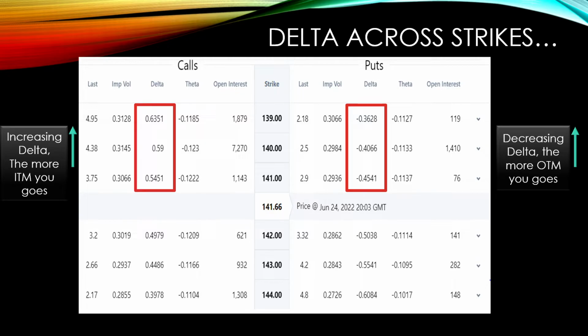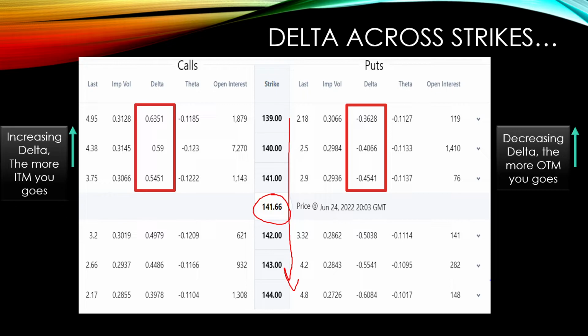So how does the delta behave across the strike prices? These are the strike prices. Currently Apple is trading at $144, $142. So how will the delta change across the strikes? These are the call side.